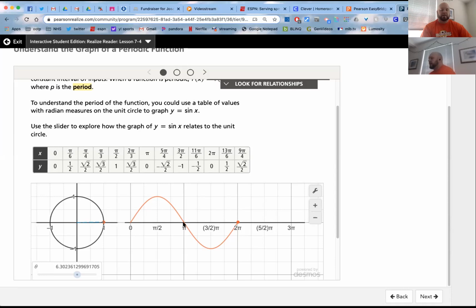So we have pi and 0. When you do 3/4 of a circle, that's a 3 pi over 2 angle, and we're down here at -1. And then when we get all the way back to our starting point, we have to be back at 0, because that's where we started from. And that took us to 2 pi. So a full circle. This is just unraveling the y value of a unit circle and making a graph.